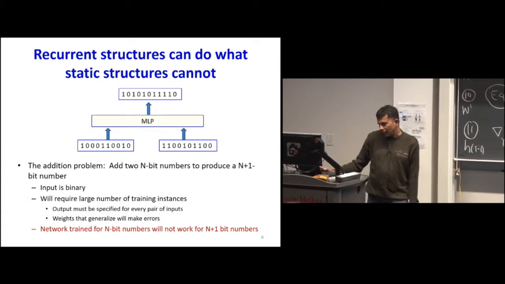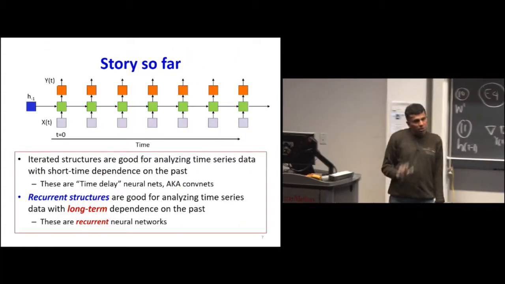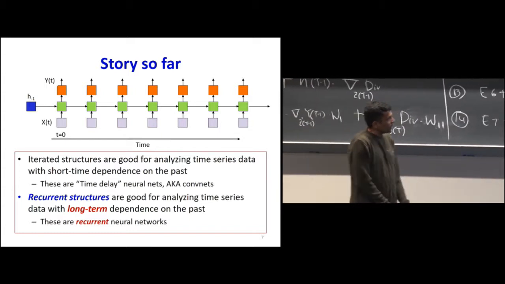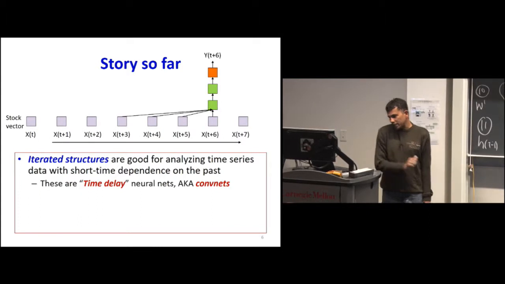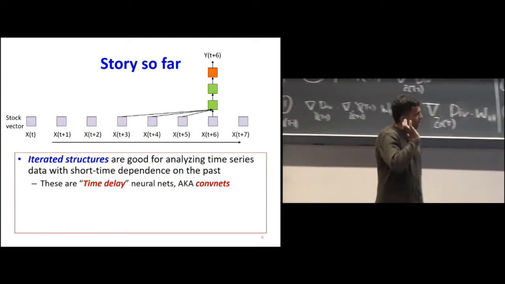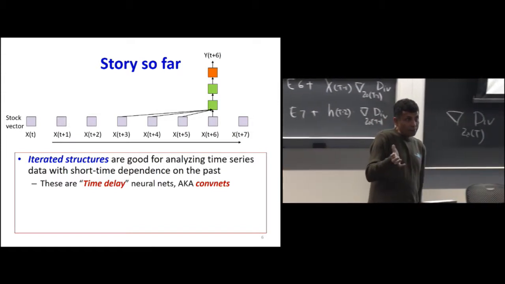Now, it turns out recurrent structures can actually do stuff that non-recurrent structures cannot do. We saw earlier that there are a couple of different ways of getting information from the past. You have this iterated structure, which is good for analyzing time series. This was a time delay neural network.